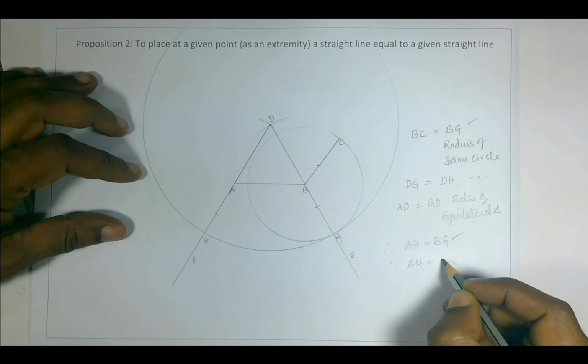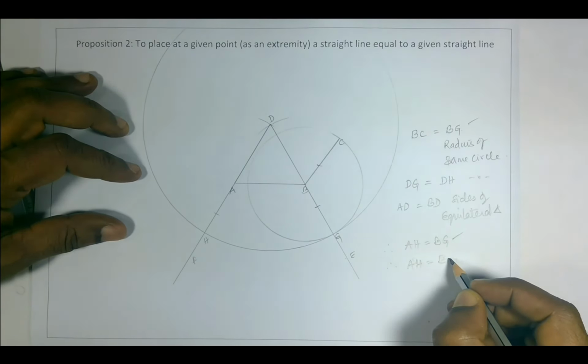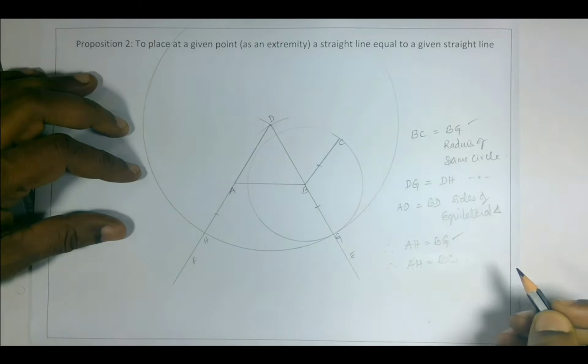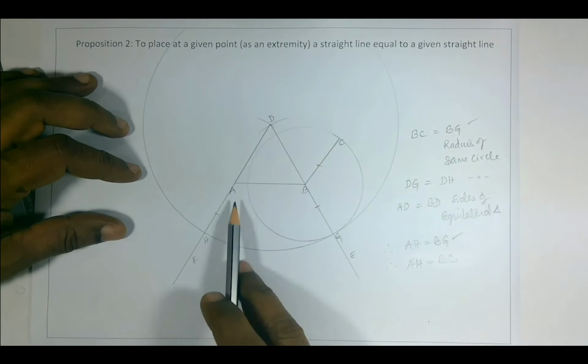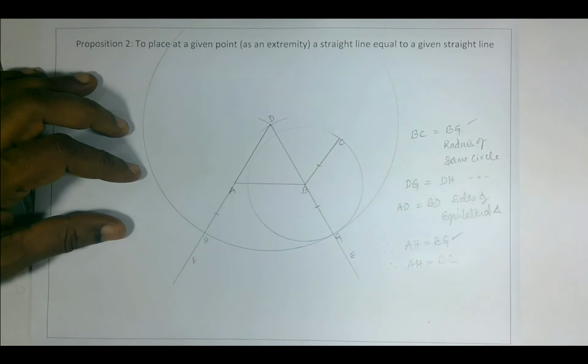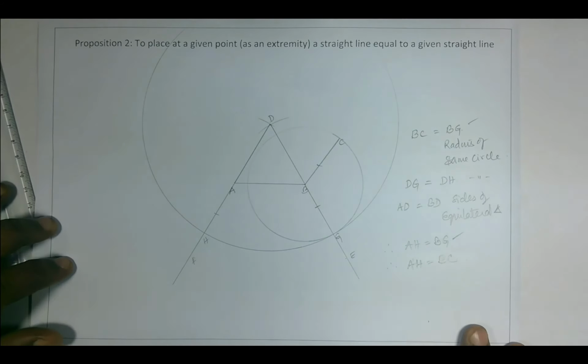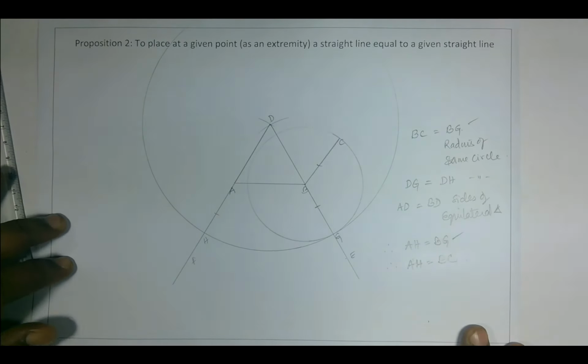So AH is equal to BC, which is what we had to construct. So that completes proposition 2: to place at a given point, at an extremity, a straight line equal to a given straight line.